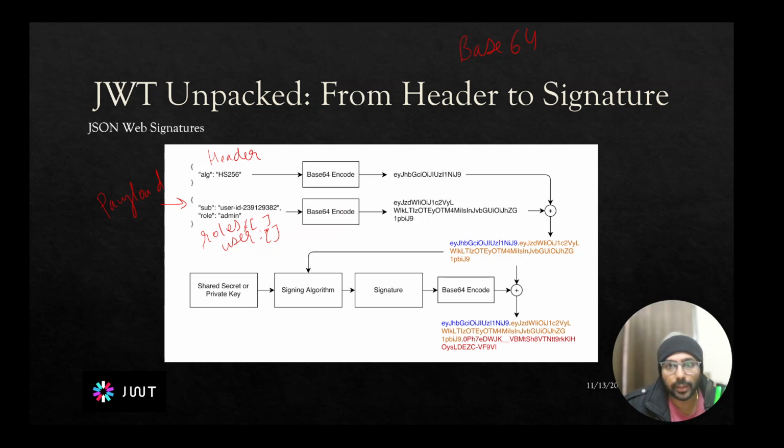Then this is the combined header plus payload. Then your signing algorithm, which is HS256 here, uses the secret key that is in a secure location, to be kept secret. Using this, it generates a signature, and that signature is base 64 encoded, and at the end this is added. There is only a particular combination of your header, payload, and secret key that will generate a unique signature.